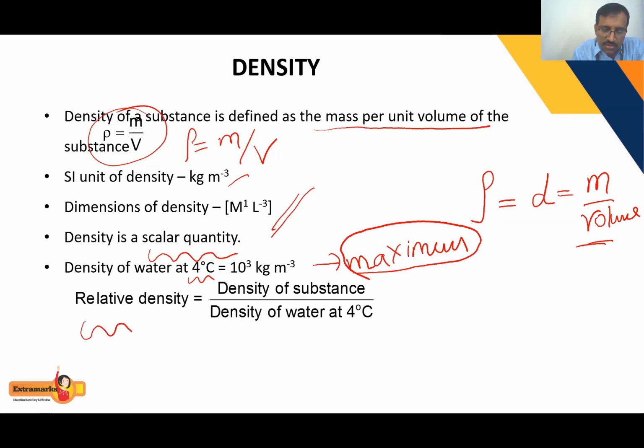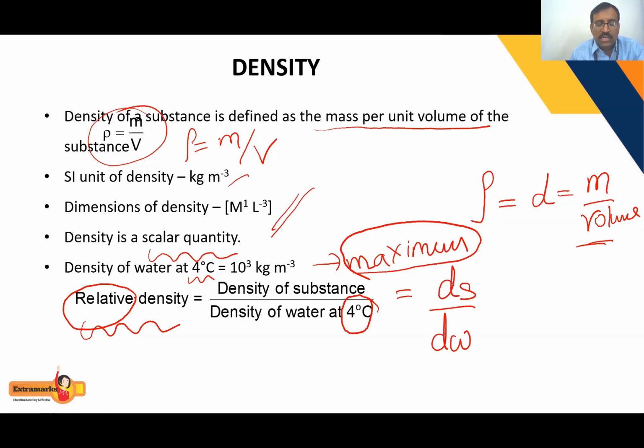You know, in the first year kinematics chapter, there is a relative velocity. Relative means with respect to each other. So there the comparison is VA minus VB, but here the comparison is density of the substance divided by density of water at 4 degrees. There subtraction is relative, here division is relative.